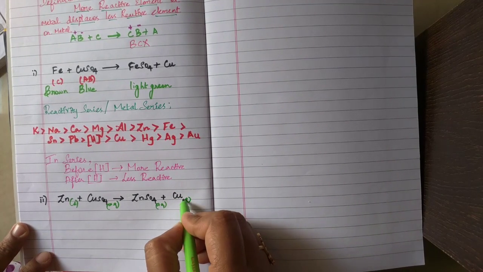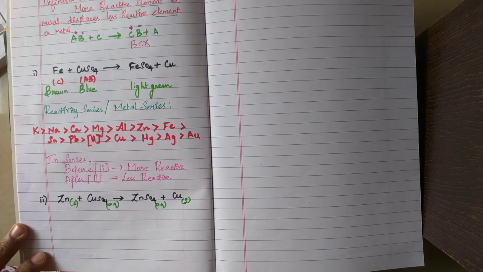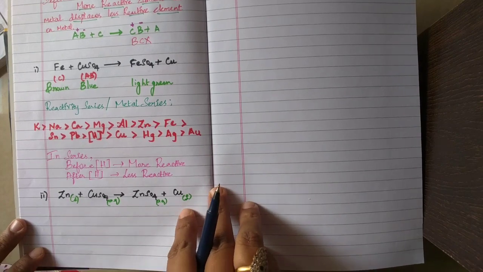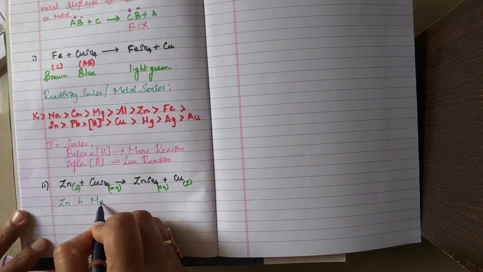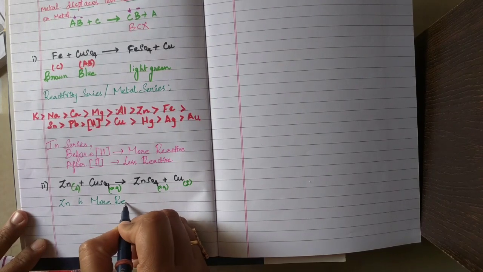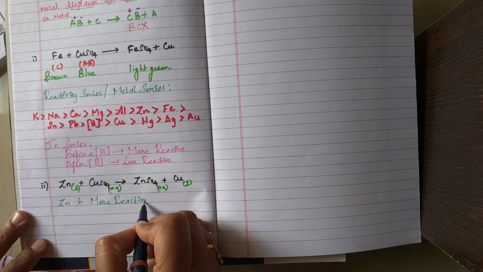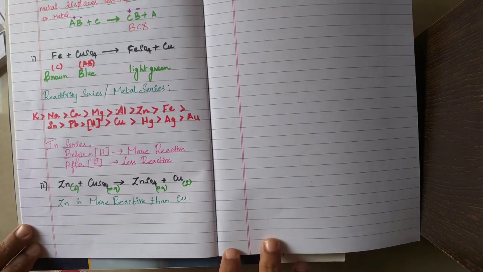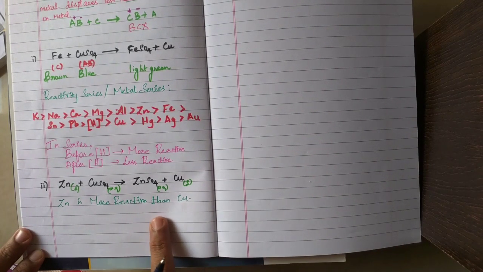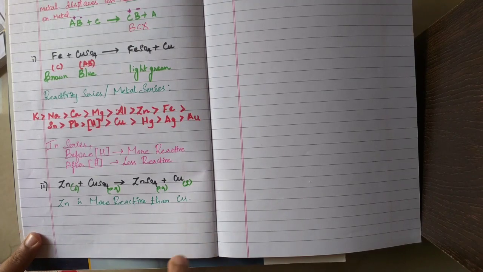In this reaction, which is the more reactive metal? Zinc is more reactive than copper. You should write this, students. It is a very important key point. Clear? And one more example.